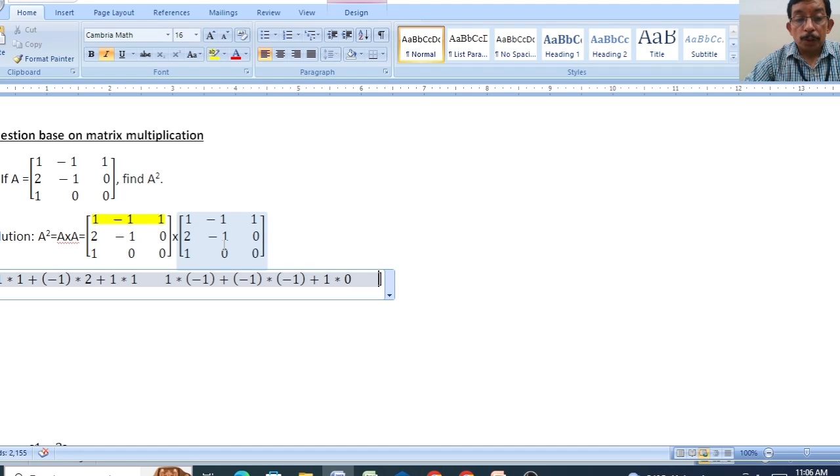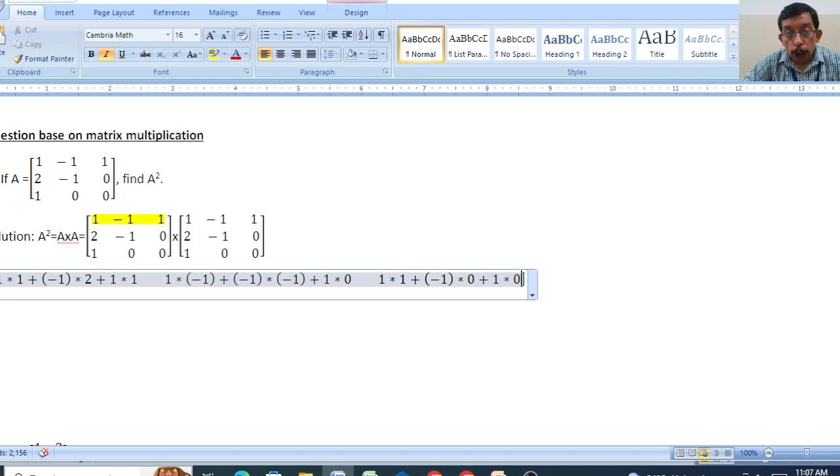The first element of the first row is 1, multiplied by the third column's first element, 1. The second element of the first row is minus 1, multiplied by the third column's second element, 0. The third element of the first row is 1, multiplied by the third column's last element, 0. The first row, third column multiplication is complete.